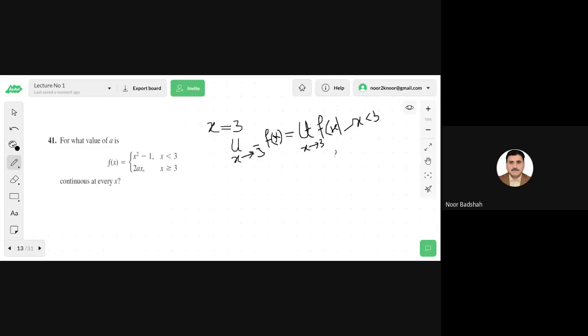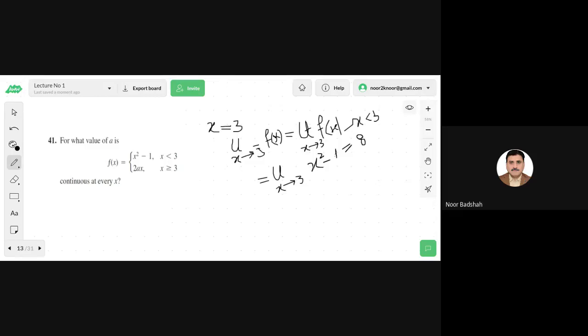Now for x less than 3, the function is defined as x square minus 1. Putting this limit, we get 9 minus 1, which is 8.